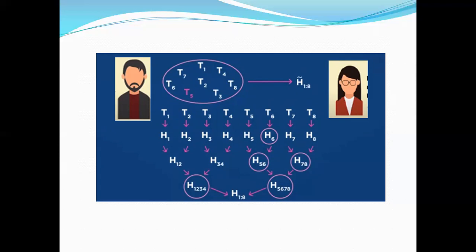By using a Merkle tree, however, he only needs H6 to generate H56, H78 to compute H5678 and H1234 to create the Merkle root. This reduces the amount of information needed significantly. Lightweight clients provide this, such that Bob doesn't need to download the entire blockchain.